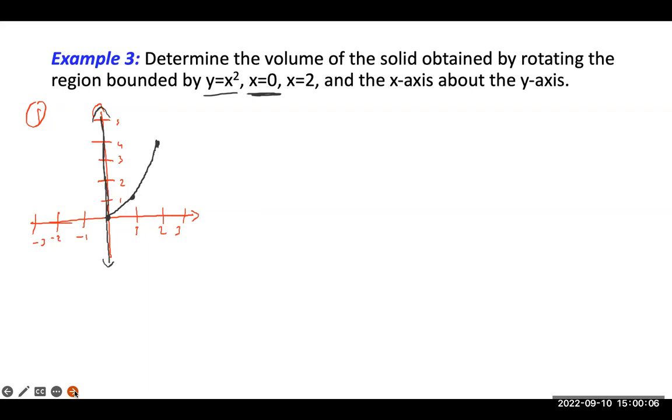And this is actually a typo. We're going to say y equals 2. So we're going to do this one over here. This line. y equals 2 instead of x equals 2. All right. Now, if our shape is bounded by y equals x squared, x equals 0, y equals 2, don't worry about this part, it's a little typo, and it's being rotated around the y-axis, what's the shape?